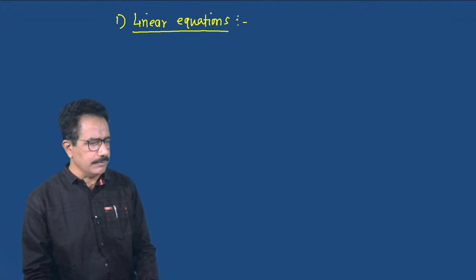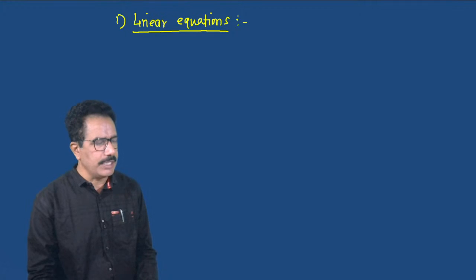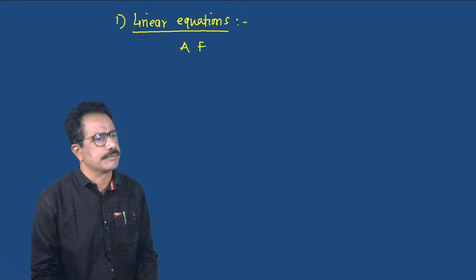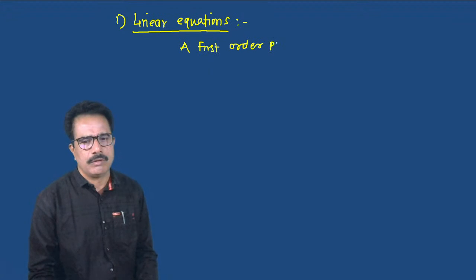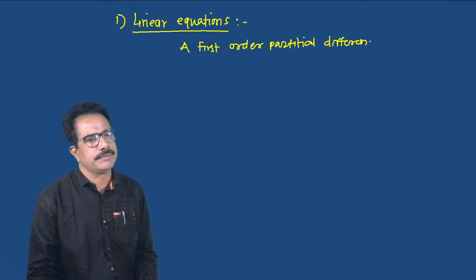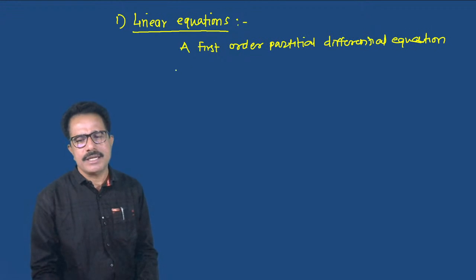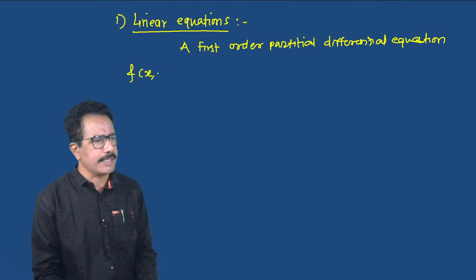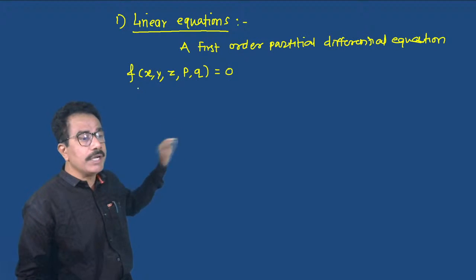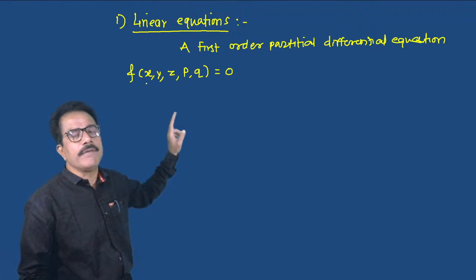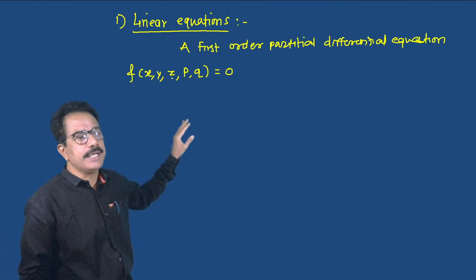A partial differential equation of first order is generally denoted by f of x, y, z, p, q equals 0. Here Z is the dependent variable, X and Y are the independent variables.